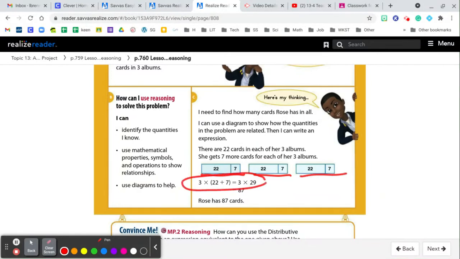And they wrote an equation here because she has 3 albums, and in each album is 22 cards already, plus 7 to fill it out. So we get 3 times 29, which equals 87.